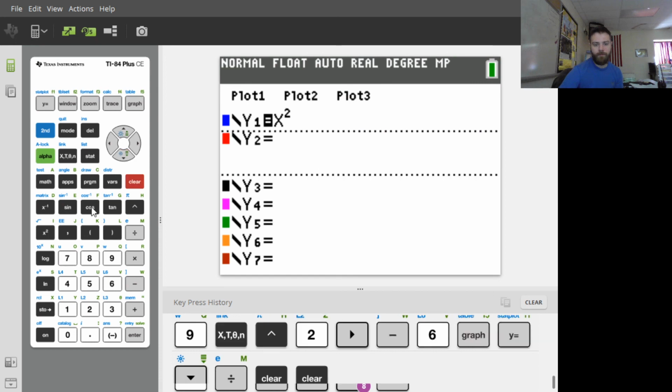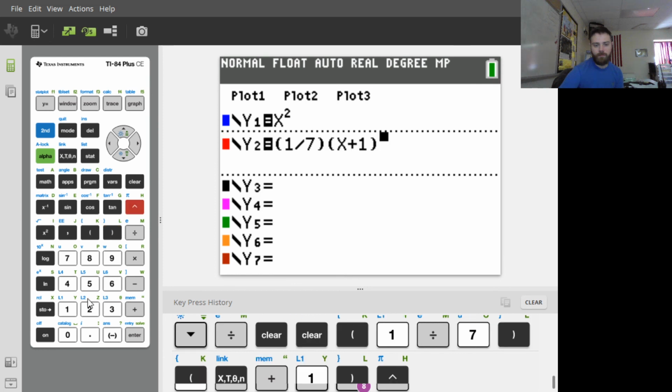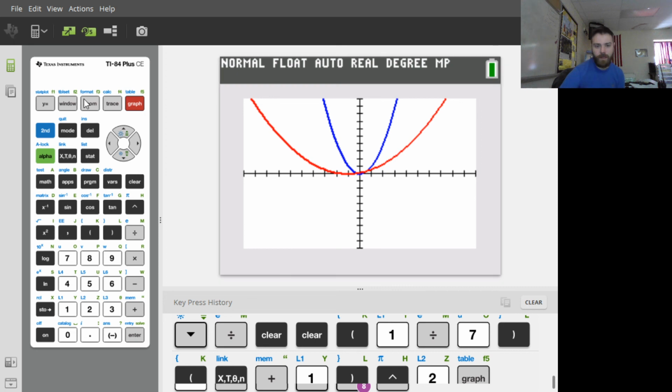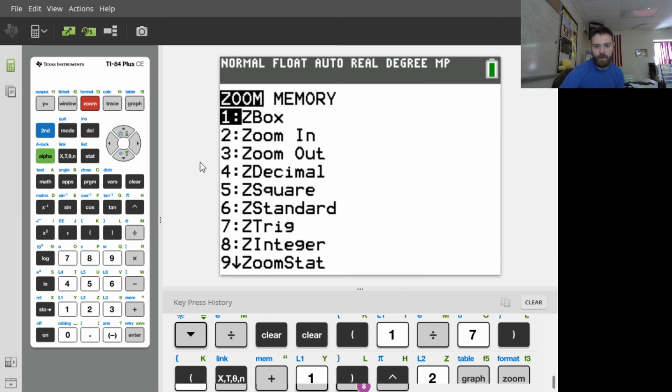So we're going to take a look at that. I'm going to type it in, 1 divided by 7. So it's going to compress the function, not stretch it, but compress it. And it's going to shift it left 1 unit, so it's kind of hard to see, but let's zoom in there. And if you can see there, the vertex goes through that point and kind of starts to bend up. So it is compressed and it is shifted left 1 unit.